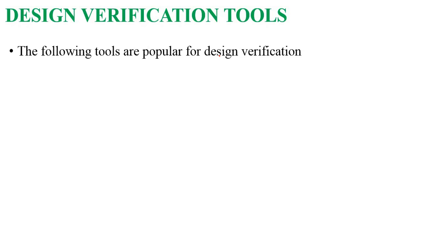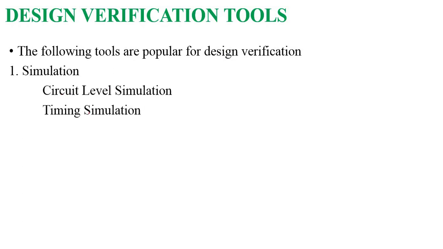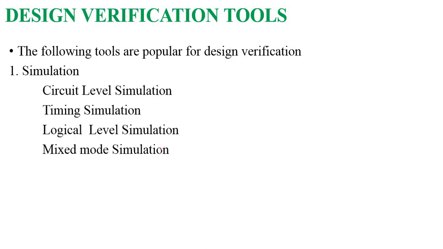And next, design and verification tools. After designing, how can we verify the design? By taking the verification tools. The popular verification tools are simulation, and under simulation, circuit level simulation, timing simulation, logic level simulation and mixed mode simulation are present.